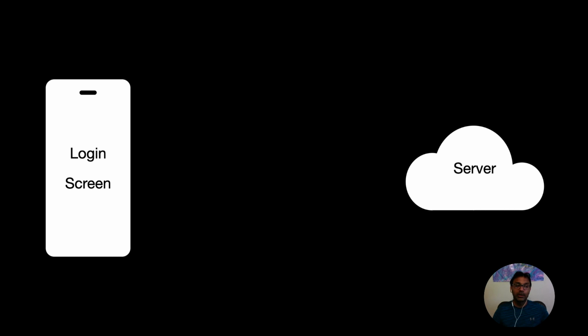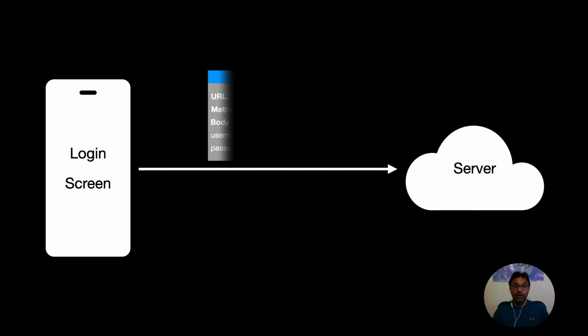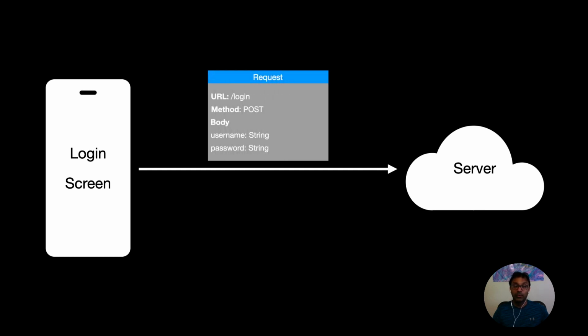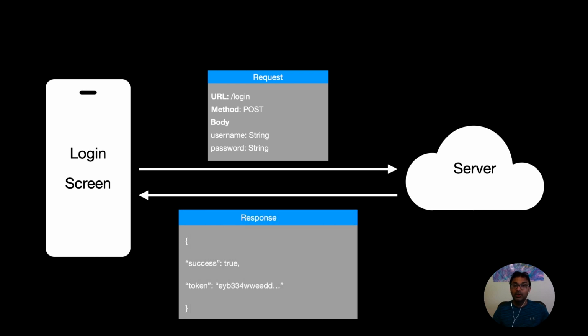So let's go ahead and take a look at how we can do this with JSON Web Tokens. The login screen will remain the same. It's going to send a request, which will consist of the username and password. The server is going to return you a response, but in that response, along with the success true or false, if the success is true, meaning you have been authenticated, then we are also going to get a token.